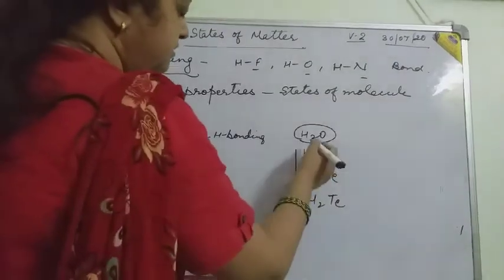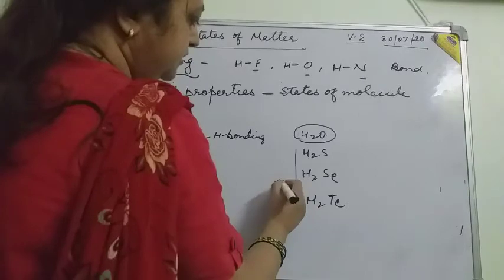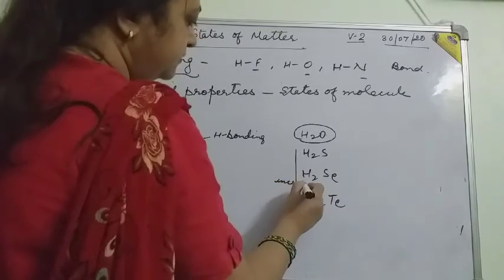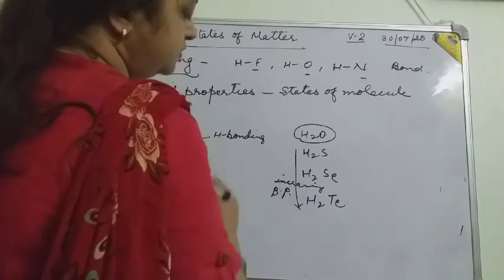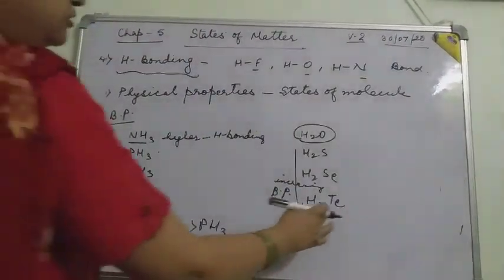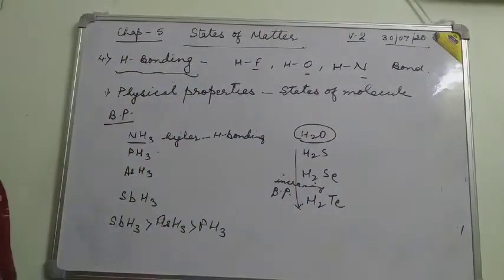So this is the increasing order of boiling point. Tellurium hydride has more than selenium, than sulfur.